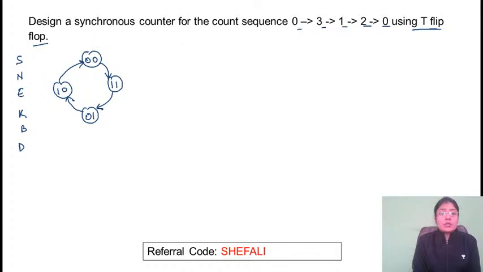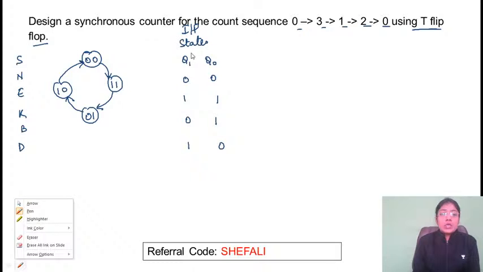What are the inputs? The current states are given as the input. That is 2 inputs, 2 bits are there. So let's take this as Q1 and Q0. That is 00, 01, 11, 10. On the basis of these inputs, we will be determining the next state.